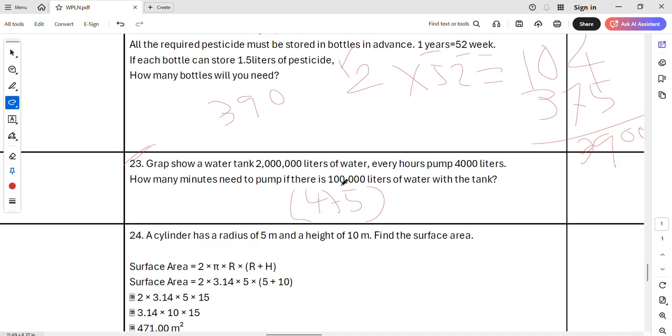So you have to subtract the 100,000 first. Actually this one is called 200 million, subtract 1 million.